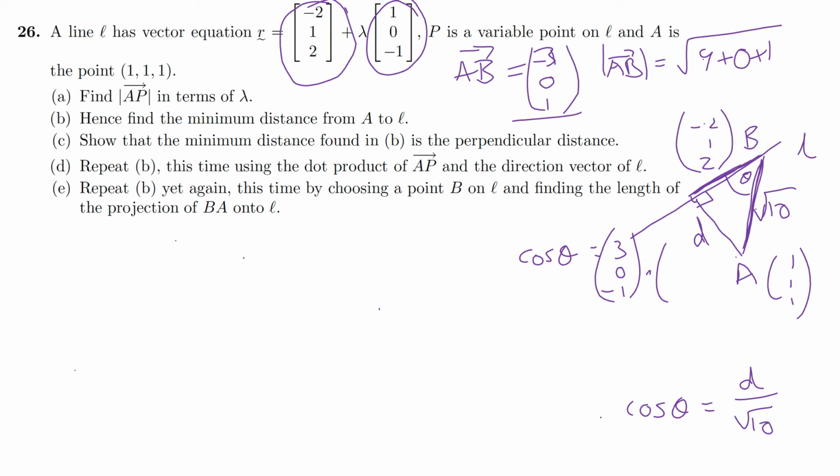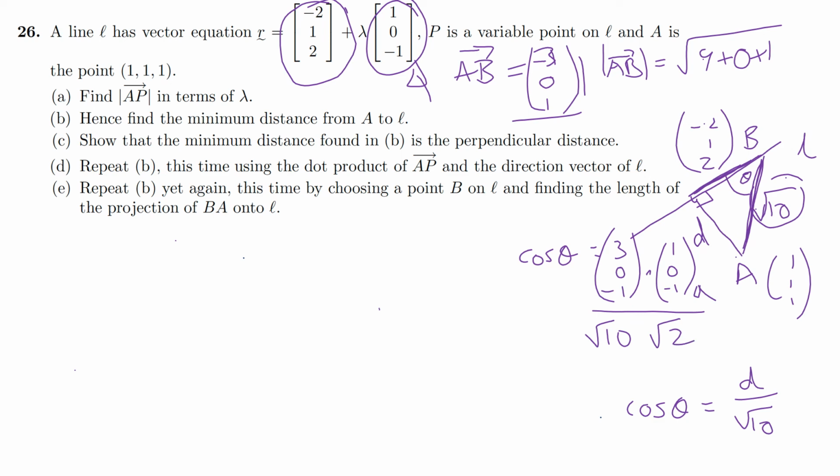So u dot v, where v, our direction, comes from the direction of the line, (1, 0, -1), over the lengths of each of those. The length of this one we already know: it's root 10. And for this one, I've got the square root of 1 squared plus 1 squared, so that's the square root of 2.